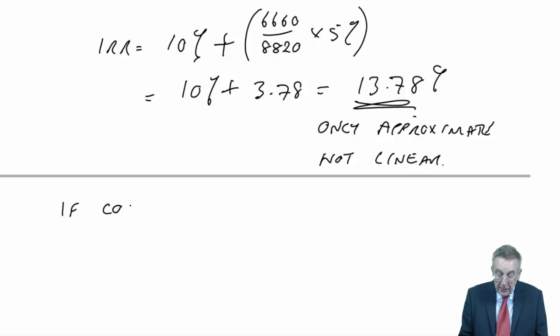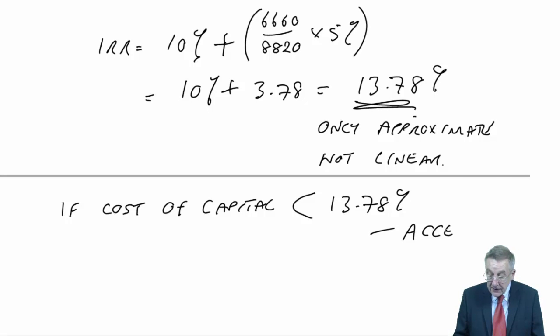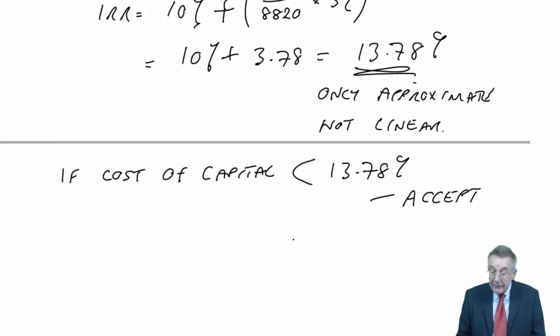If the cost of capital is less than 13.78%, then we will accept. If it's more than 13.78%, we'll reject.